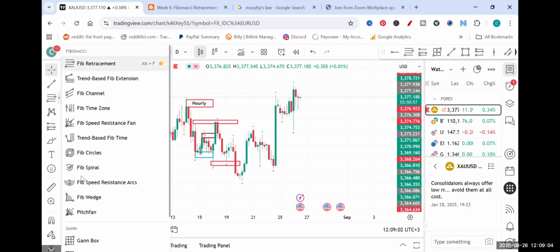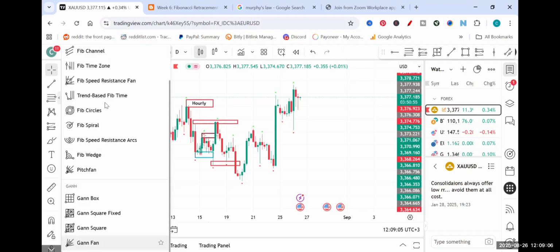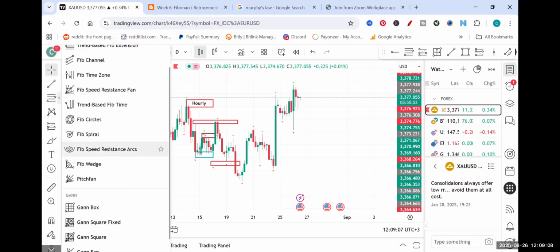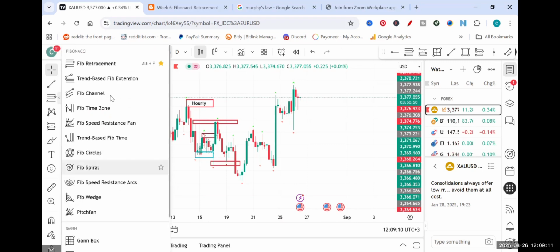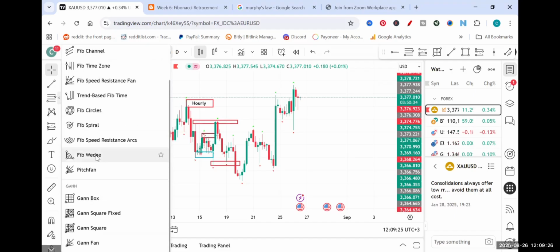We have all these things, the Fibonacci side, the Gann side. This is so much information. I don't know the majority of these other things. All I use is maybe the fib retracement, maybe this, but not so much. The rest, there's no need to know much.